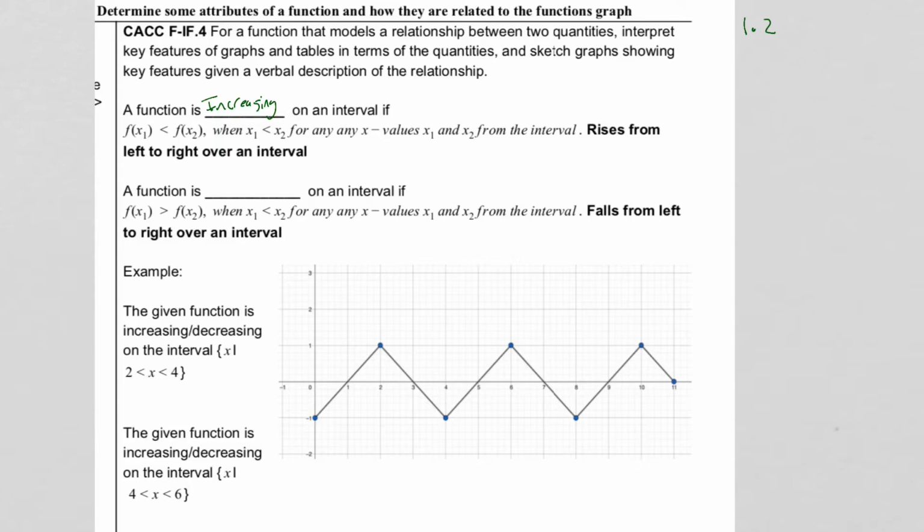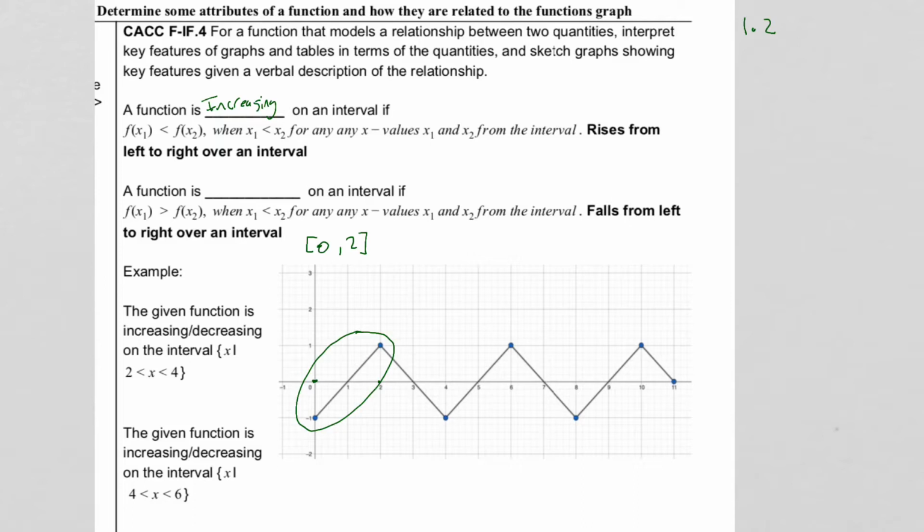So in this graph below, this interval is between 0 and 2, and I'm including 0 and 2, these x values. Between those x values, the function is rising from left to right. So that's an example of increasing.